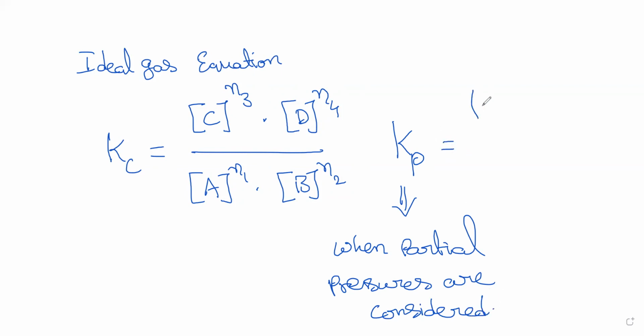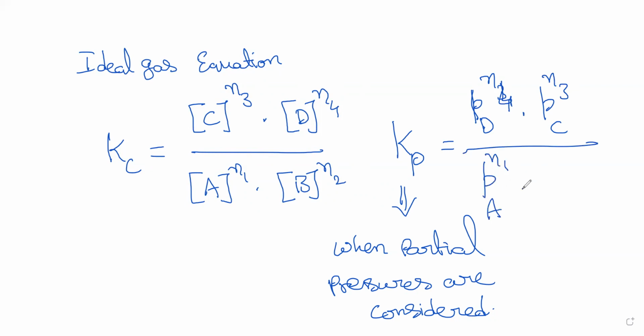That is partial pressure of the gas C power N3 into partial pressure of the gas D power N4, divided by partial pressure of the gas A power N1 into partial pressure of the gas B to the power of N2. This is how we write.